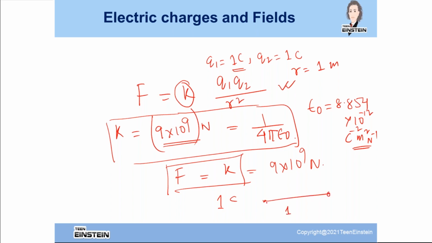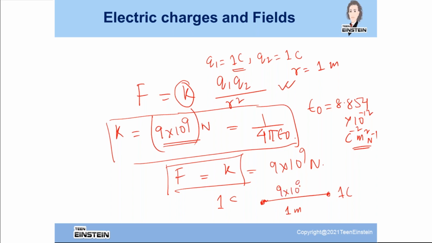If I take 1 Coulomb charge, both Q1 and Q2 as 1 Coulomb, and keep them at 1 meter distance.